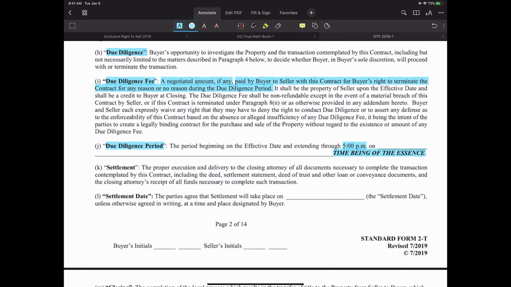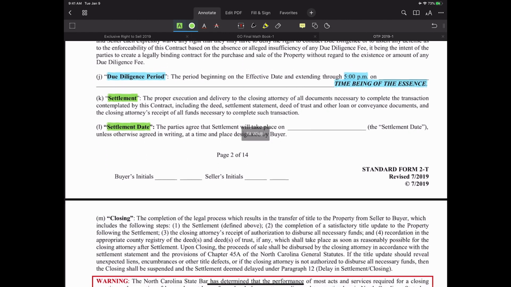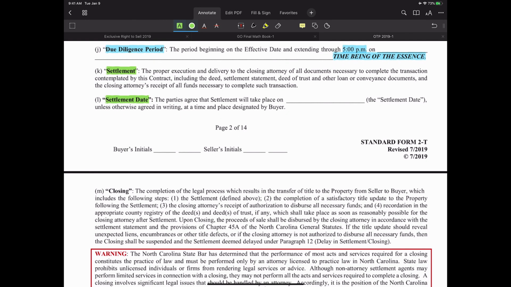So moving on, we've got 2 words here. We've got settlement and settlement date. They are important, but we're not going to put them in our Carolina blue. We'll put them back in green. So settlement date, and then I'm just going to scoot up a little bit. You've got closing, because I know in the real world we tend to use these words interchangeably, but Chris, are they the same?